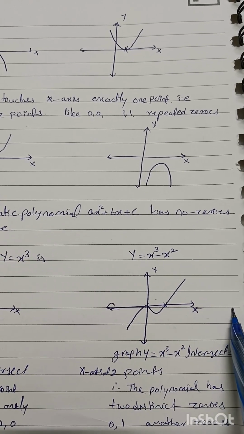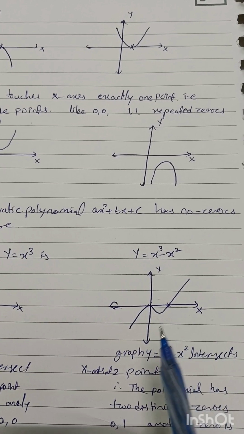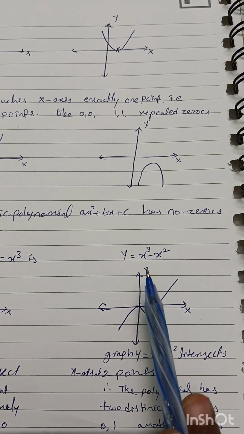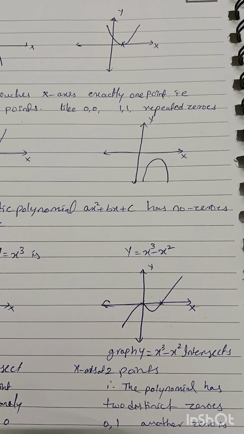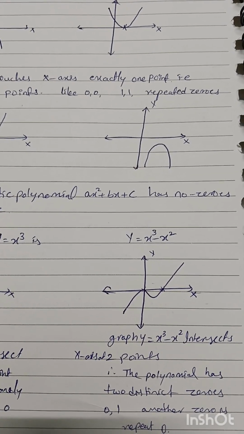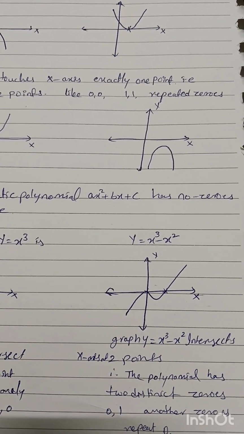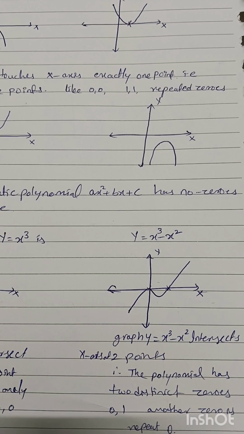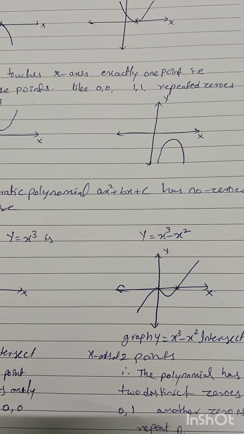One more zero is repeated, either 0 or 1. So the zeros of x cube minus x square are 0, 1 and another 0. So 0, 0, these two are repeated and one more is 1. So two distinct zeros, 0 and 1.